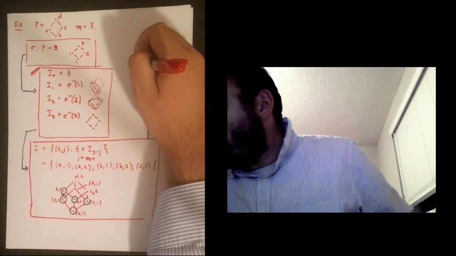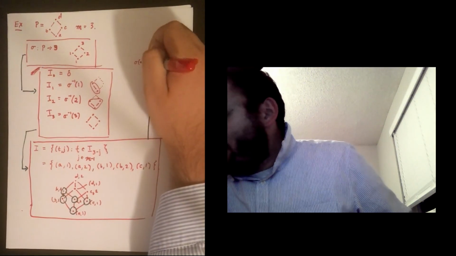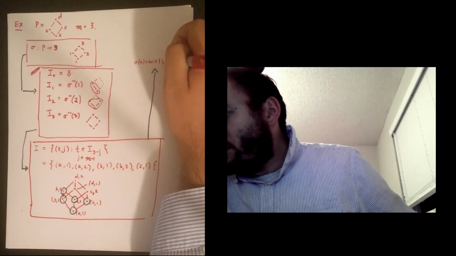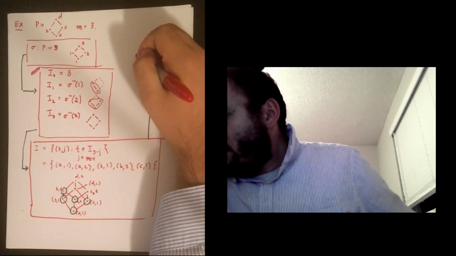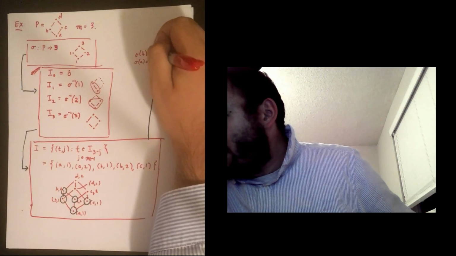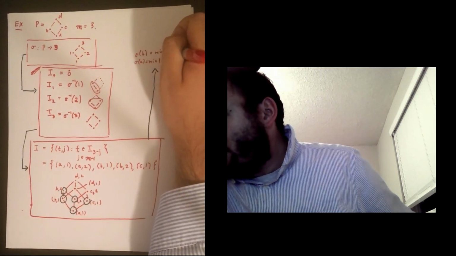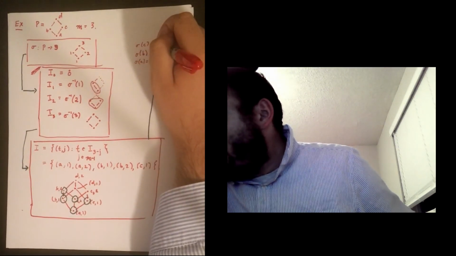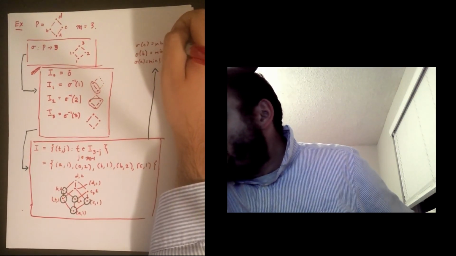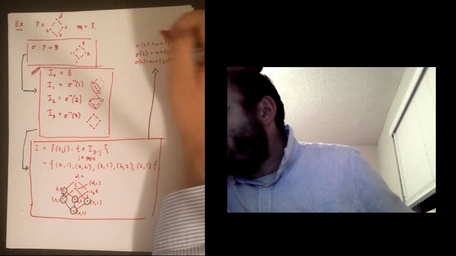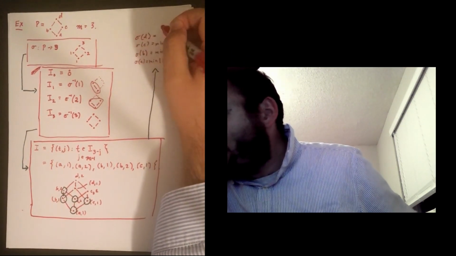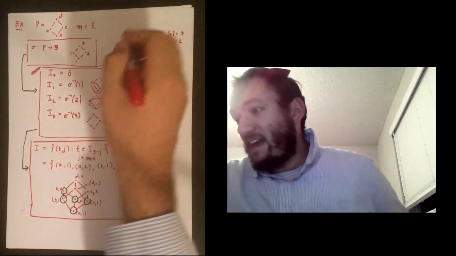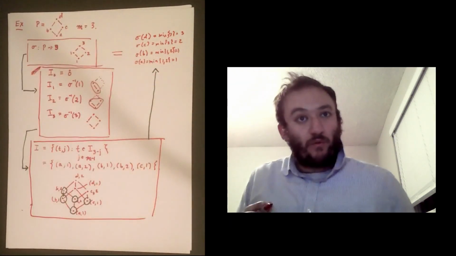For A, sigma of A equals the minimum of 3 minus 1 and 3 minus 2, which is 2 and 1, so it's just 1. Sigma of B is also the minimum of 1 and 2, so 1. Sigma of C is just 3 minus 1, which is 2. And sigma of D, because it doesn't appear, you just say it's the minimum of 3 minus 0, which is 3. And that's exactly the map that we were describing.